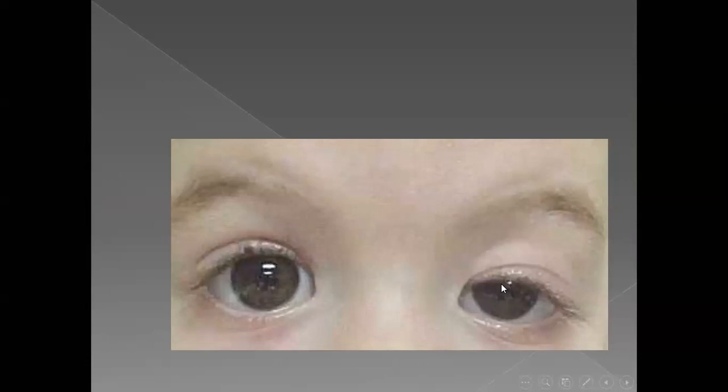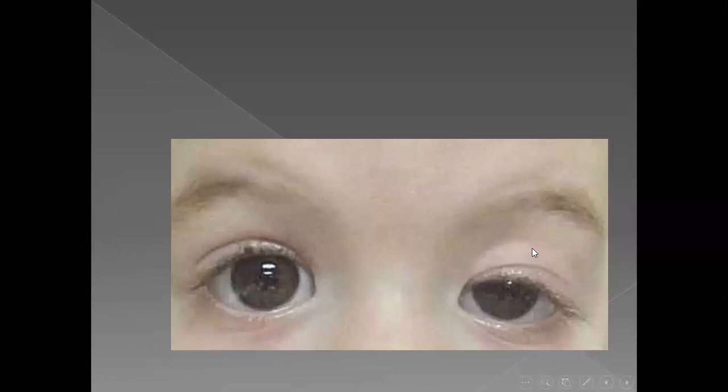But there is one more thing that you have to see in this picture. Can you see this crease? In the right eye, you can see a marginal or the upper lid crease. We call it upper lid crease. Okay. A similar upper lid crease is not present in the left eye.